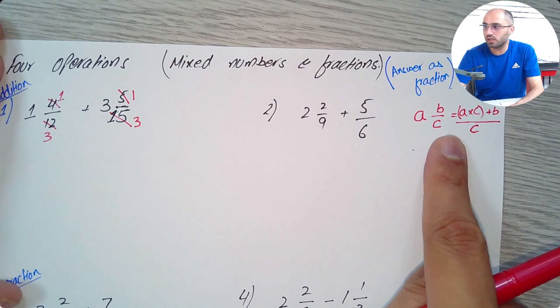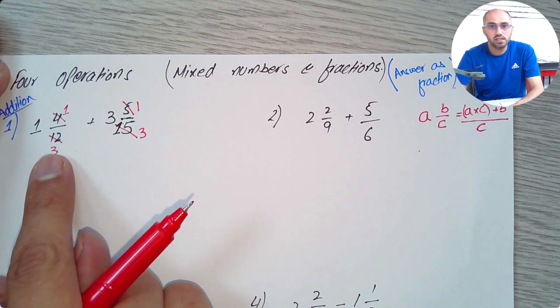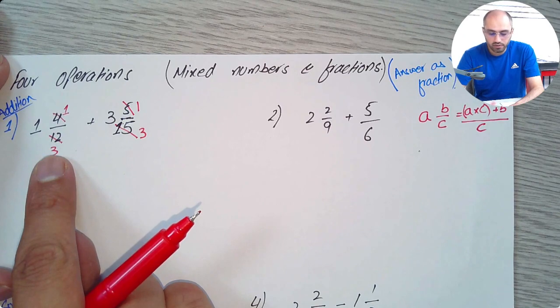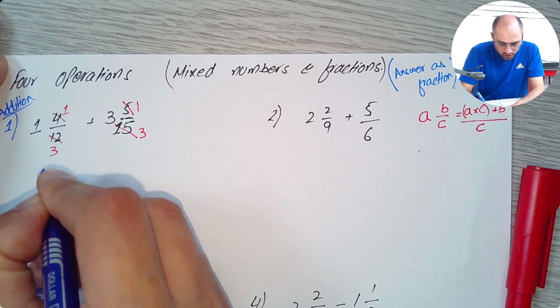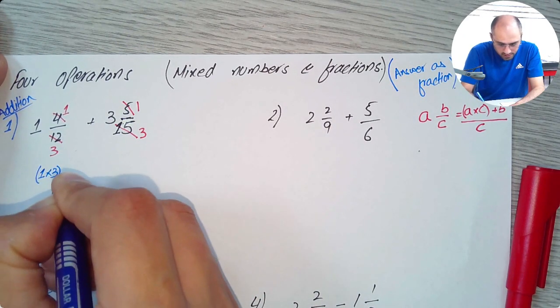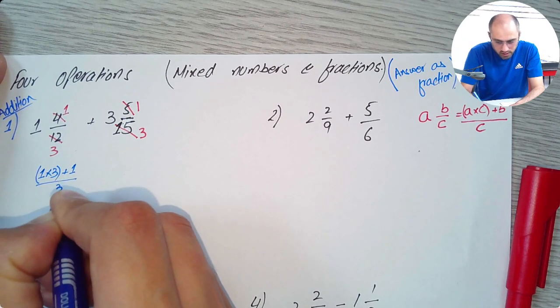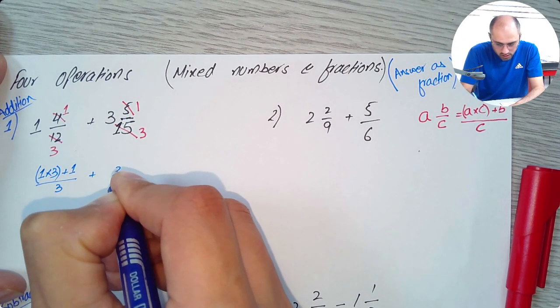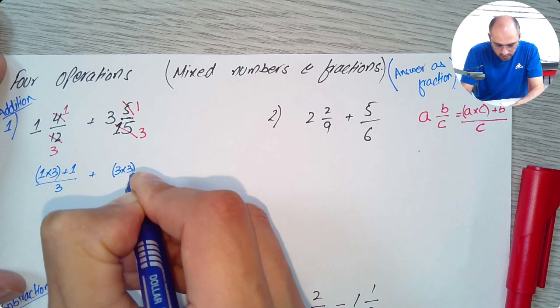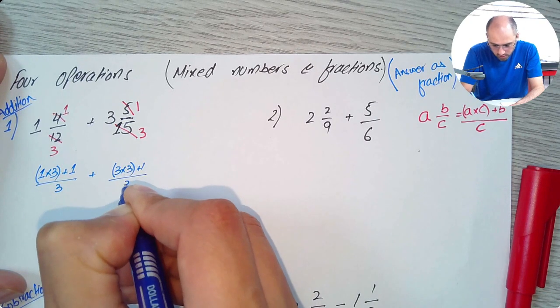So I'll follow this approach and convert these mixed numbers into improper fractions. I'll write down 1 times 3 add 1 over 3, add 3 times 3, add 1 over 3.